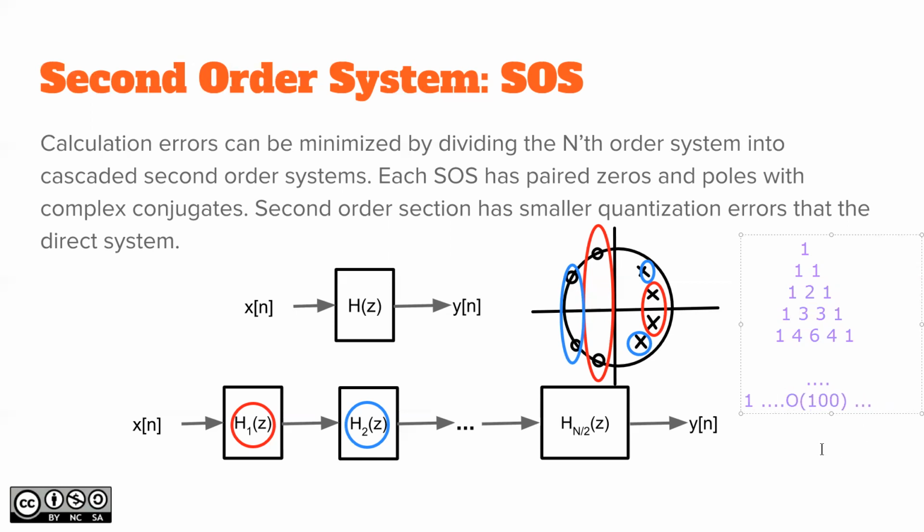And think of now how to calculate y of n. y of n equals x of n plus, even that fourth row here, plus 4 times x of n minus 1, and so on.